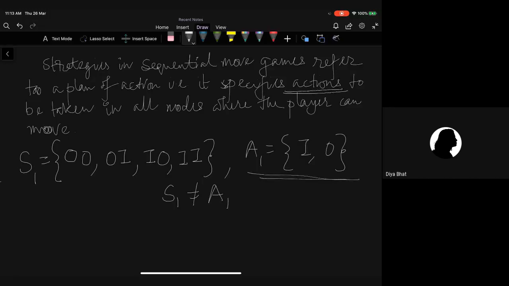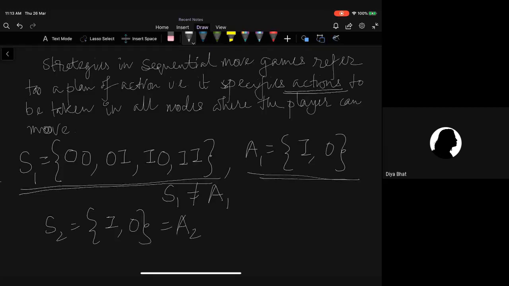But a strategy is for the entire game, where you specify an action for all possible nodes where you can move. That gives you a different object. So in sequential move games, the set of actions and the set of strategies are different. For player two, because player two only moves once, player two's strategy is either to move in or out, which is also its action set.